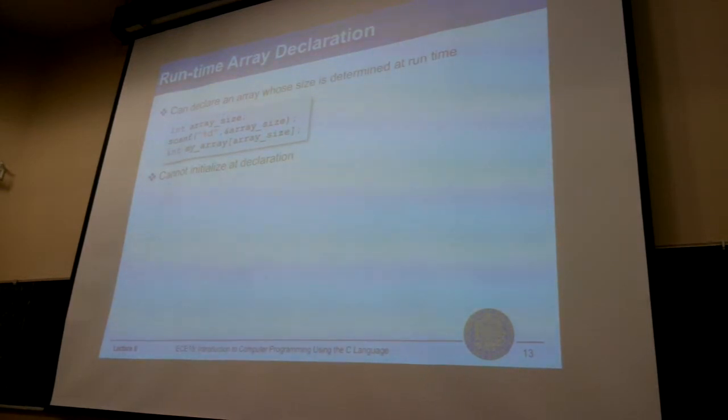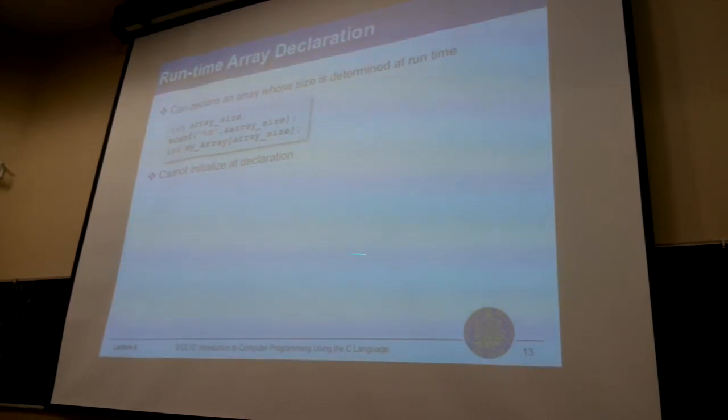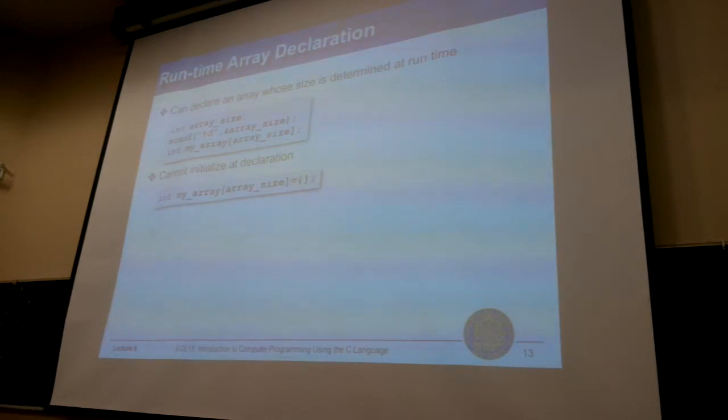And because of this difference, when you use runtime array declarations, you can't initialize the array at declaration. So you can't use this notation for these runtime declared arrays. And the reason for that is C doesn't explicitly know how big this array is going to be.